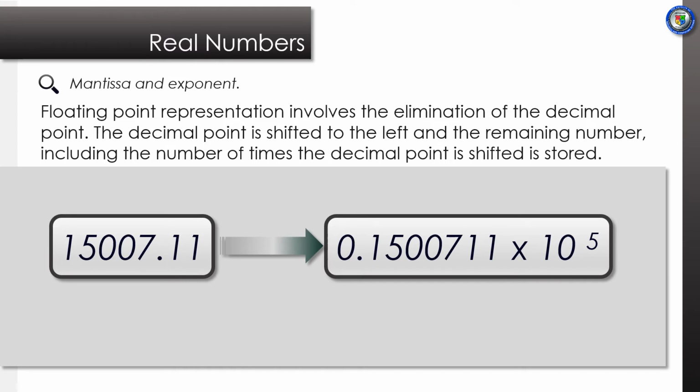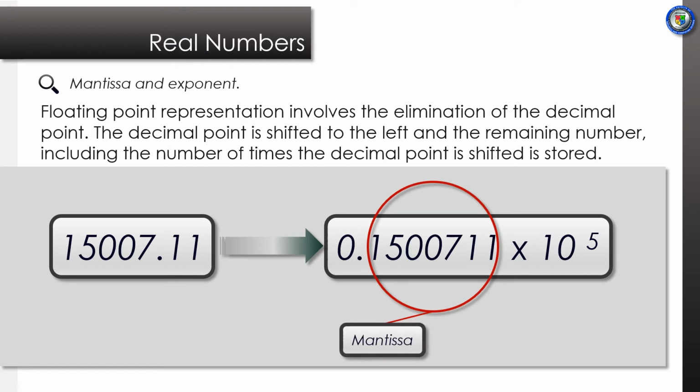This means that we do not need to store the decimal point because it's always presumed to be at the start of the number. It also provides us with our mantissa, which is 1500711 in this case, and our exponent, which in this case is 5.